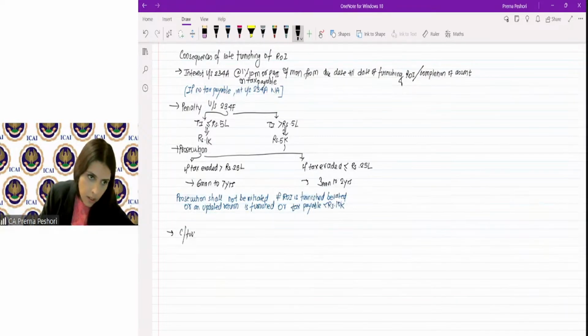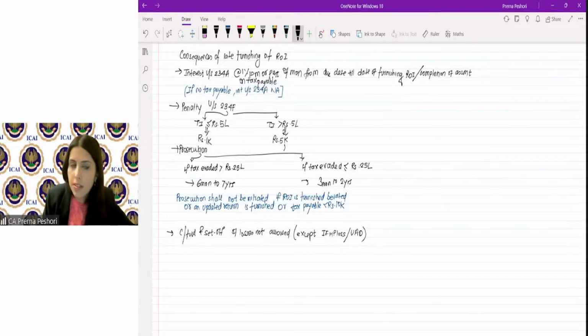Carry forward and set off of losses not allowed, except income from house property loss or unabsorbed depreciation.